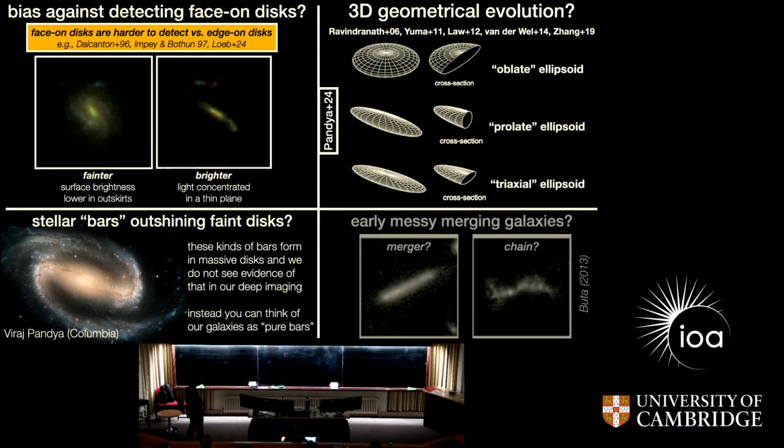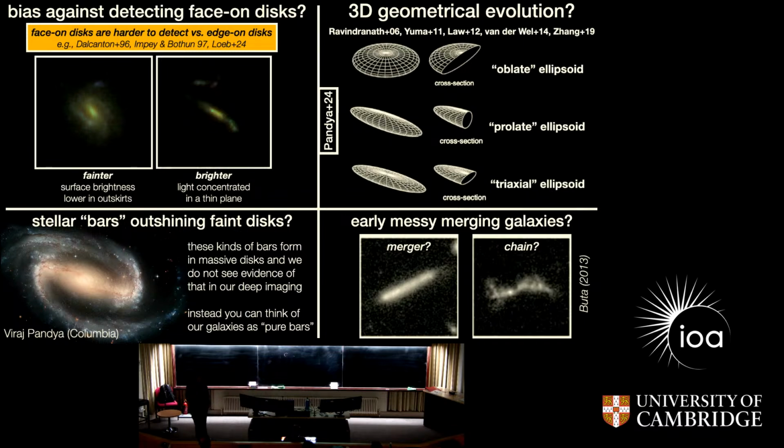And then the last thing is, well, the early universe is very messy. There are lots of galaxy mergers, right? So how do we know when we look at something, like these two objects, whether this is actually a chain galaxy, or whether one or both of these are just multiple smaller galaxies in the process of merging together to then eventually build the Milky Way, for example?